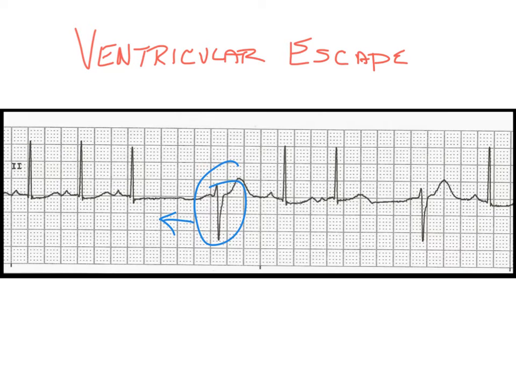What's happening here is, as you notice, your QRSs are marching out here, here, here, and we would expect one somewhere around here. Well, since it's not coming, the ventricles don't feel that impulse that it's supposed to be getting, so it does one of its own. And when it does one of its own, that's a ventricular escape beat, trying to compensate for the other beats that aren't there. Pretty easy to understand. Remember, it's not premature, so it's technically not a PVC.